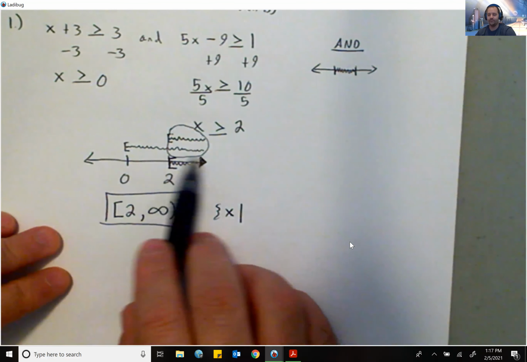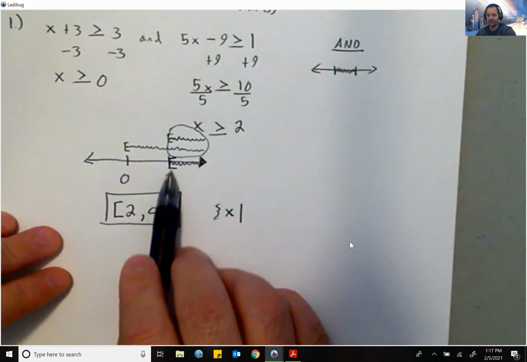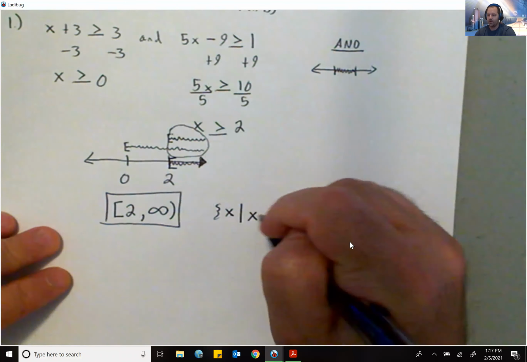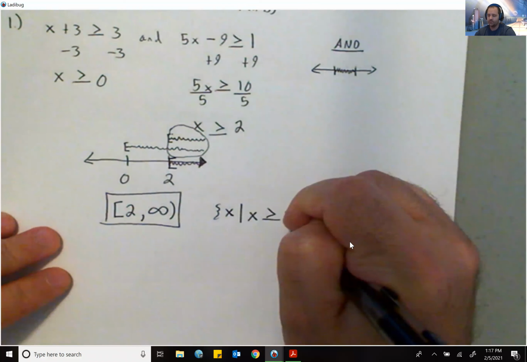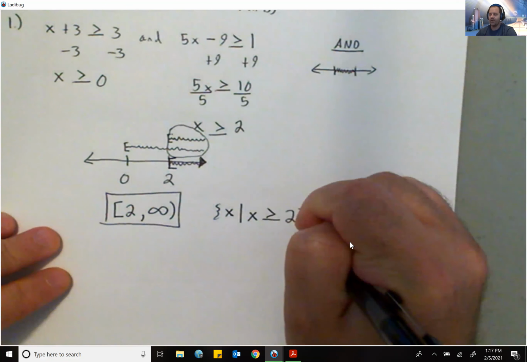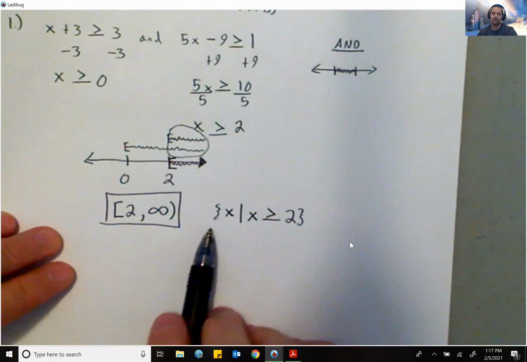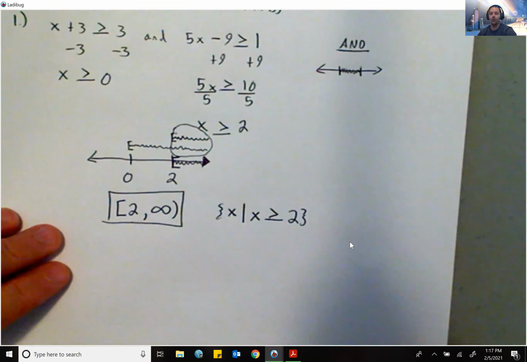My graph is from the number 2 on up, and we like the 2 because it's a bracket. So as an inequality, it would look like x greater than or equal to 2. So if it asks for the set answer, that's what it looks like. I like to talk about both because it's important that you know both.